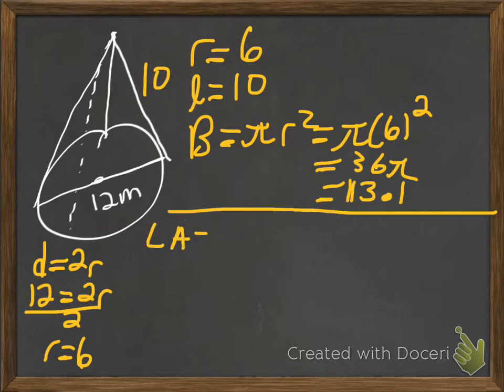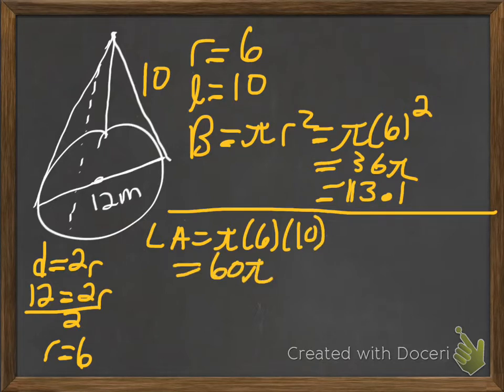Lateral area is pi times r, which is 6, times L, which is 10, which is 60 pi, or 188.495, so let's just use 188.5.